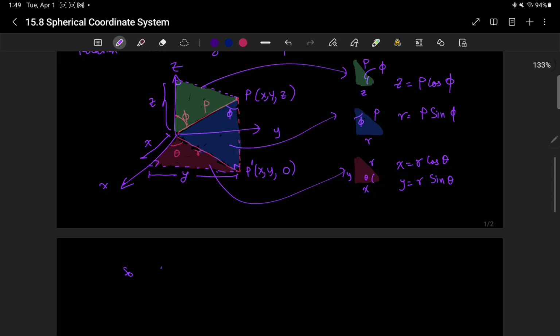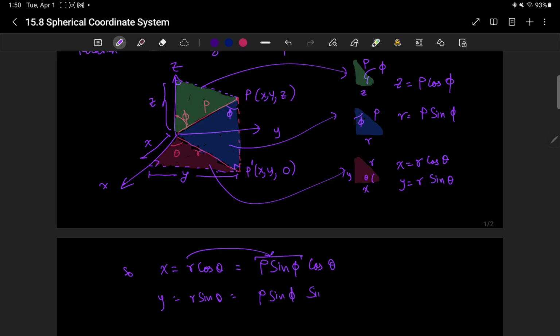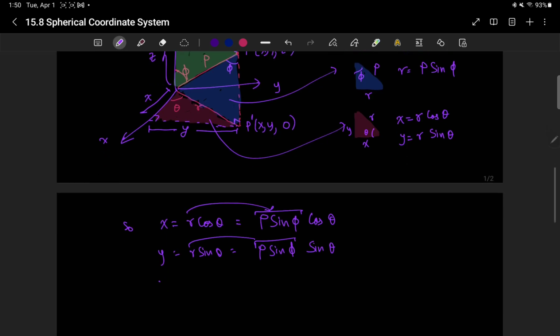So putting this together, we get x is r cosine theta, but what is r? r is rho sine phi, so x is rho sine phi cosine theta. And y is r sine theta, and again r is rho sine phi, so this becomes rho sine phi sine theta.